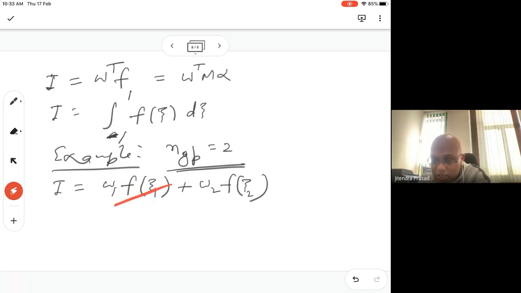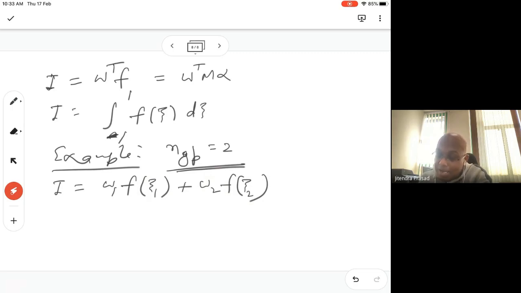Xi you can change, you have the flexibility. This is a variable, this also a variable. These are the parameters that you can change. Here also W2 is a variable, xi2 also is a variable, right? So when you have ngp equal to 2, that is when you have 2 Gauss points, you have 4 parameters that can be changed.